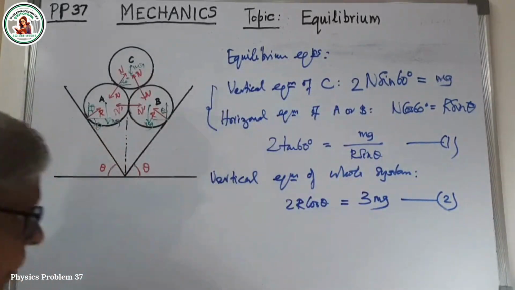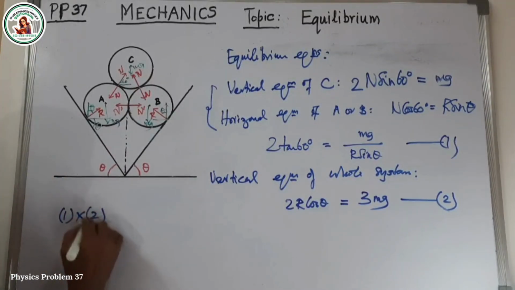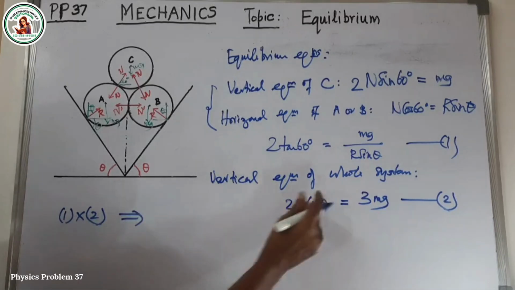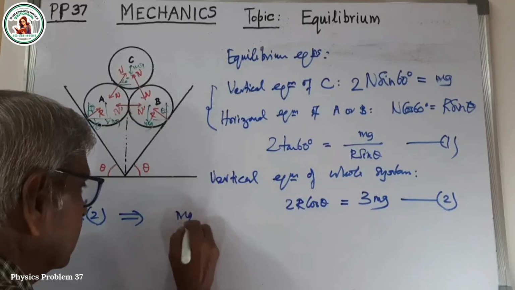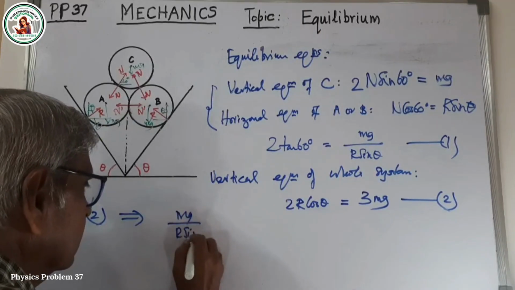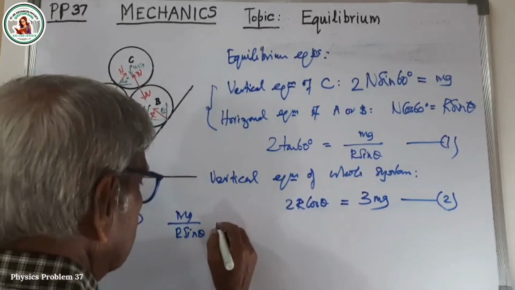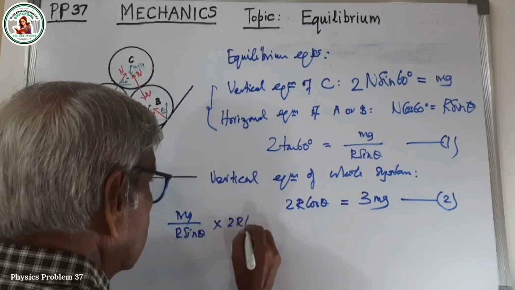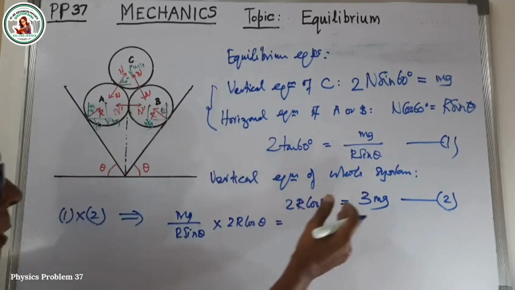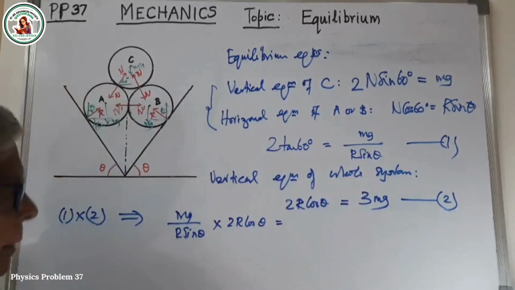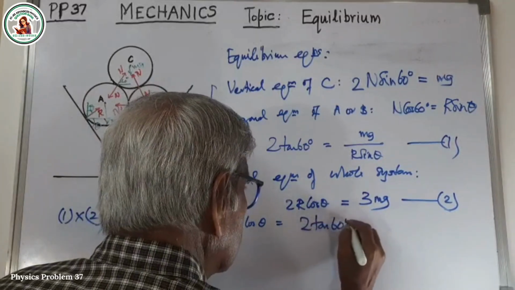From the two equations, multiplying, we can eliminate R. So you get mg by R sine theta into 2R cos theta equals 3 into 2 tan 60 degrees times 3 mg.